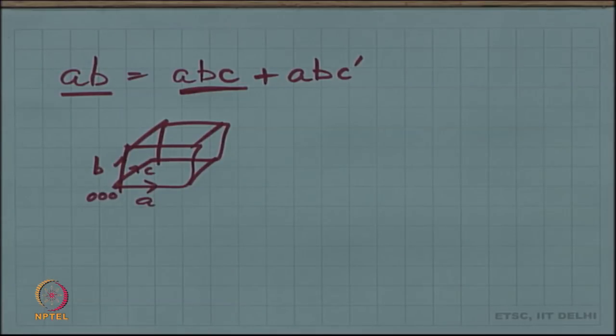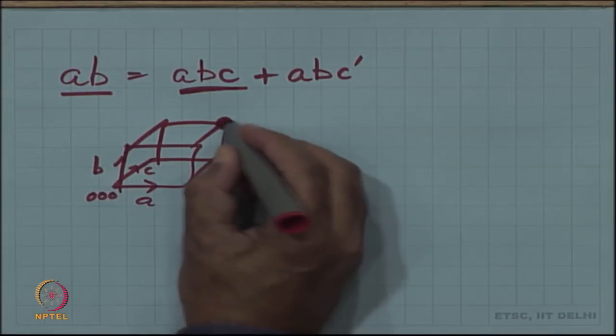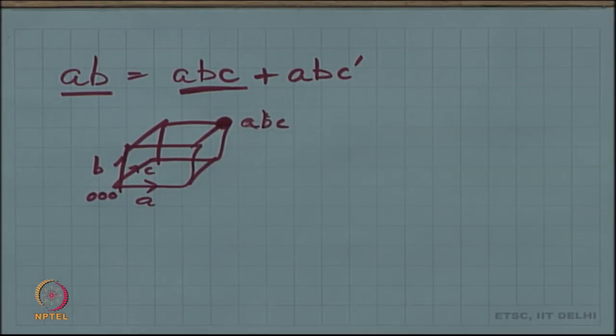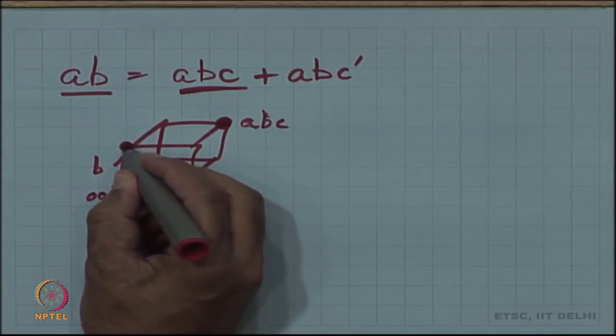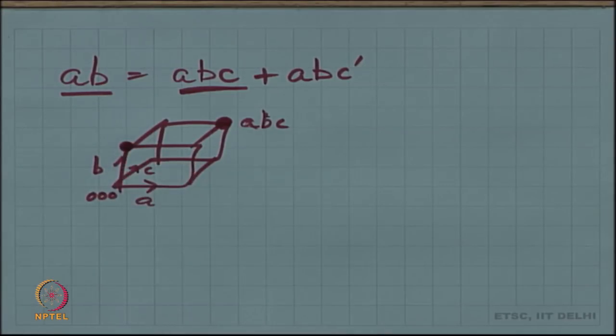Then ABC corresponds to that point, and A prime B C prime corresponds to maybe this point. What is the intersection of those two regions? Null, void. These regions are not overlapping, so there is no intersection.